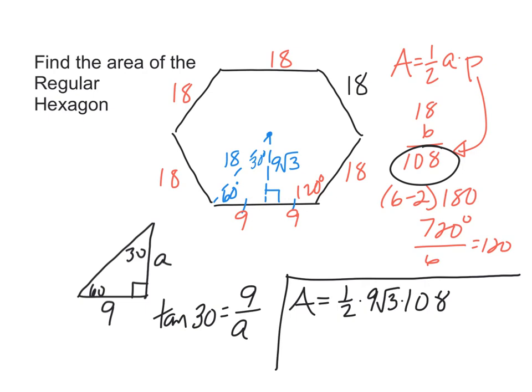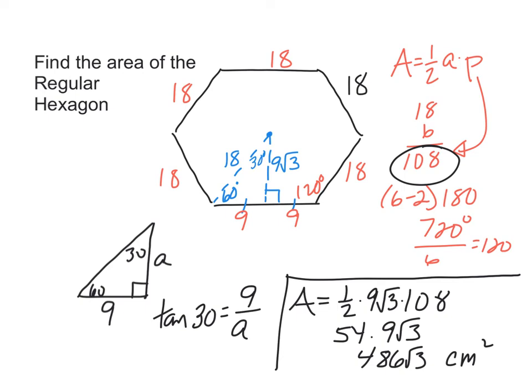So 1/2 times 108 is 54. And then I'd multiply 54 times 9 root 3. So 54 times 9, let's see, 36, 486, I believe. Root 3, and I didn't give units, let's just say it's centimeters for argument's sake, centimeters squared.